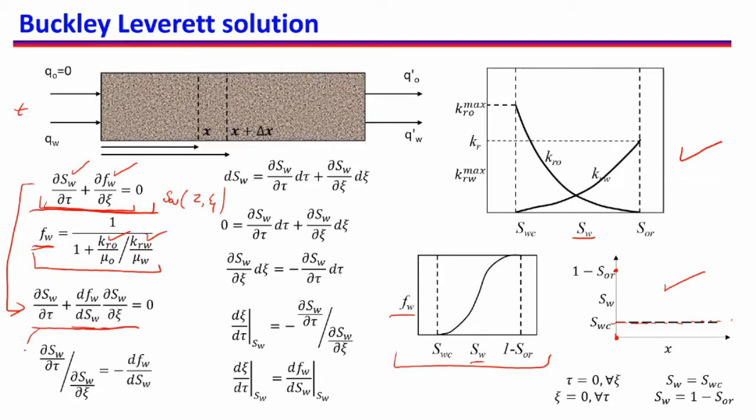I have done one more manipulation here which we will come to later. This kind of equation, where SW is a dependent variable in tau and xi, is a very common equation encountered in many problems. For example, in traffic flows, this equation is encountered.